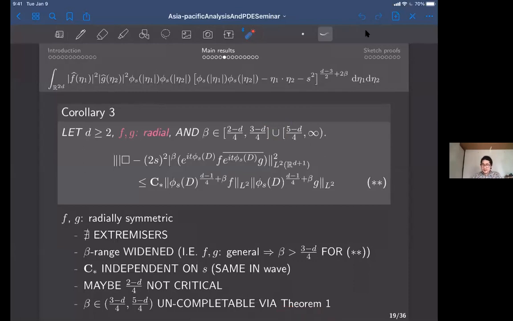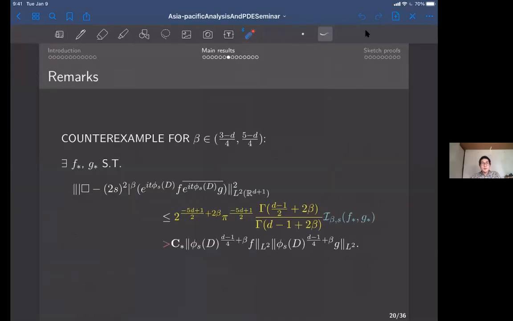What I mean by that is this. For beta in the gap, you can find f star and g star such that the right-hand side of the theorem is already bigger than what we are targeting, the Sobolev norm of the right-hand side of the Strichartz estimate.